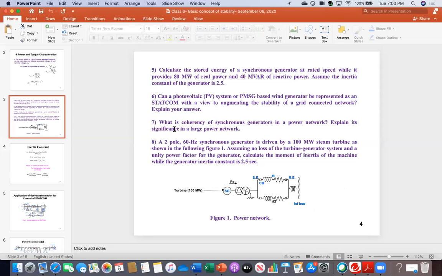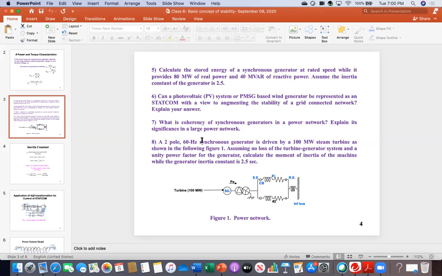Yes. Now see the question. What is coherency of synchronous generators in a power network? So you will answer that coherency means clustering or grouping together based on their rotor angle or power angle. The machines in an interconnected system which swing together, which run by maintaining an angle within 5 degrees, are called a coherent group.